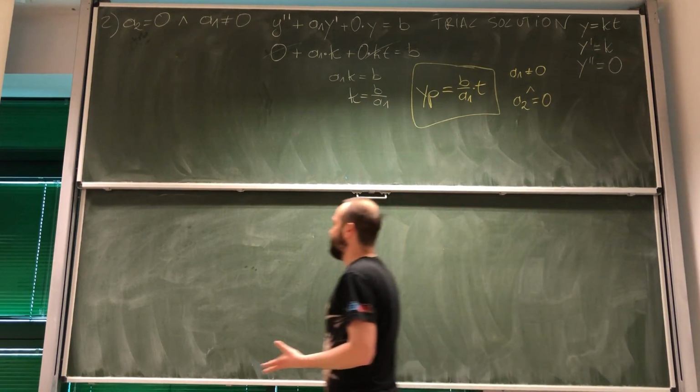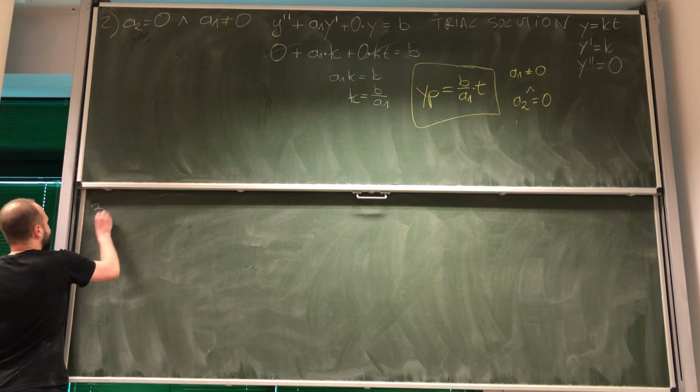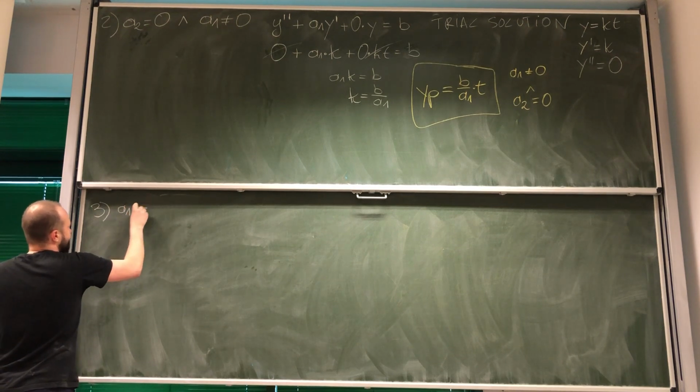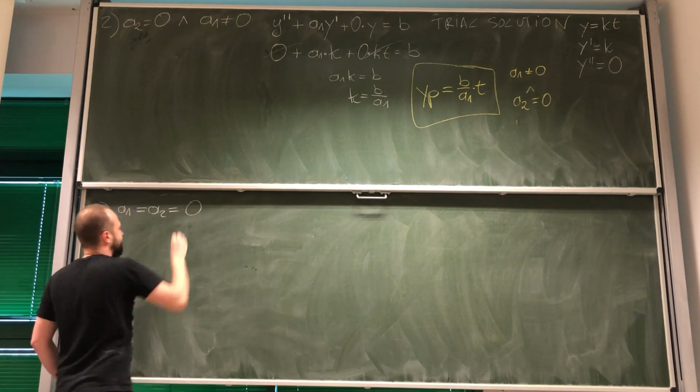So let's try the third possible solution. So look, now we've got a case where A1 is equal to A2, and they are both equal to 0.